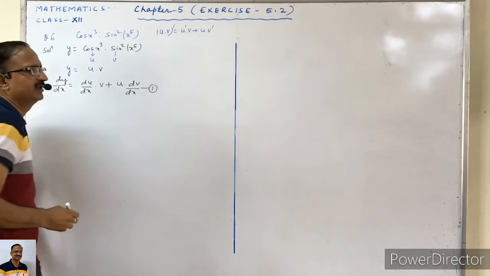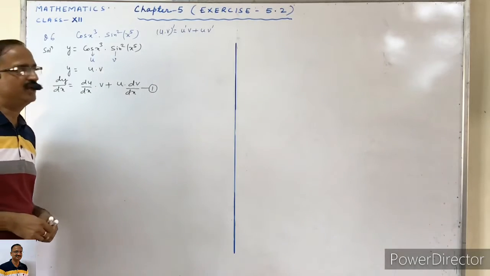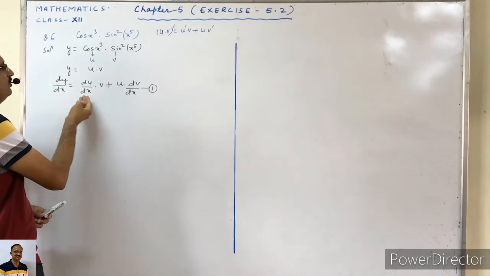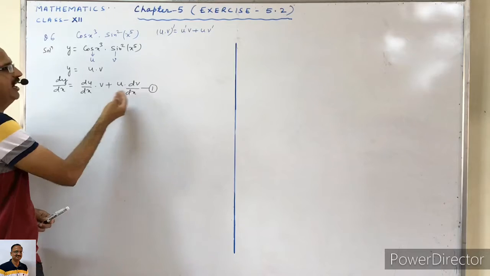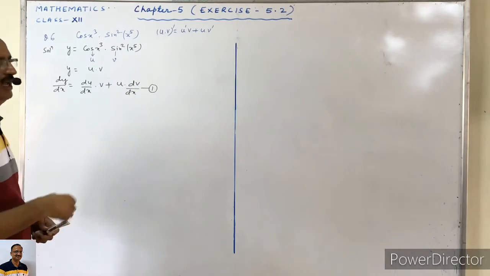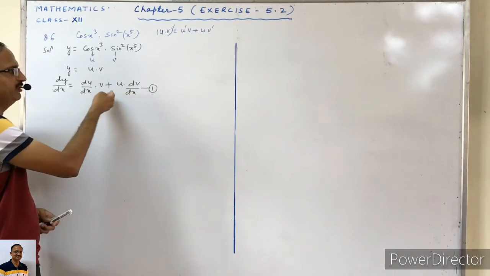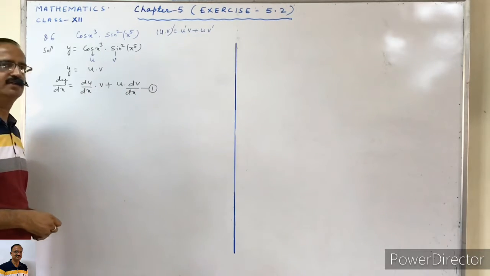Suppose this is the first equation. Now we will find the values of du by dx and dv by dx and put all four values in this right hand side.